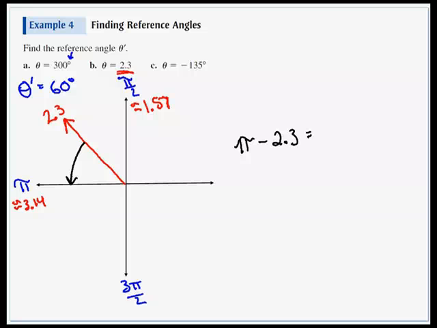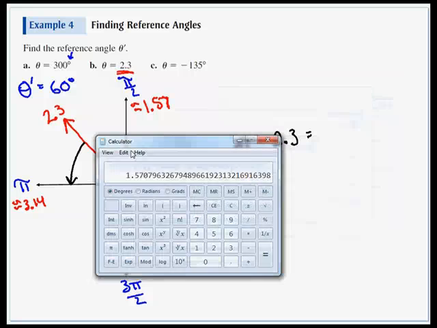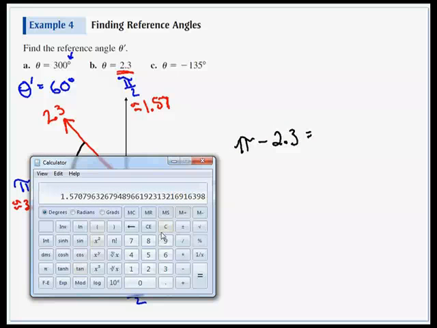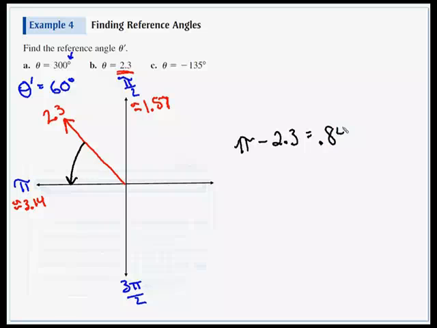And since pi is irrational, subtracting from that will also give us an irrational answer. So pi minus 2.3, and we're left with 0.8416 radians. So there's our reference angle for part B in radians.